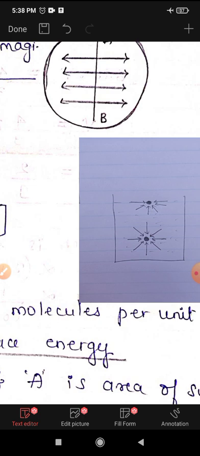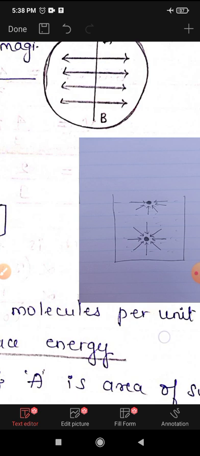So the work done while taking this molecule from this position to this position will be stored as the potential energy of the molecule. So we can say that the surface molecules will have more potential energy than the molecules inside the liquid.